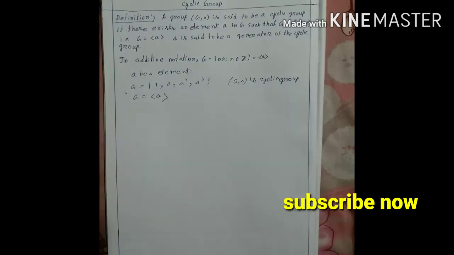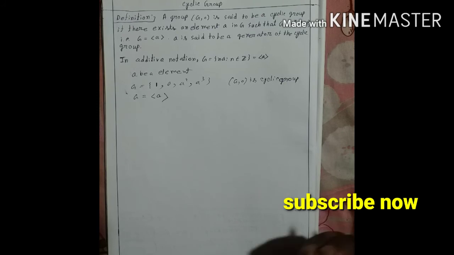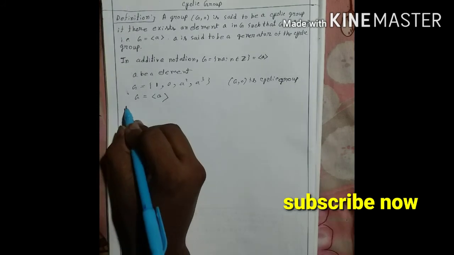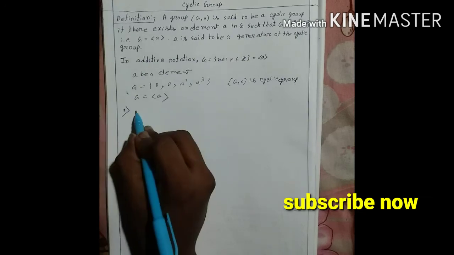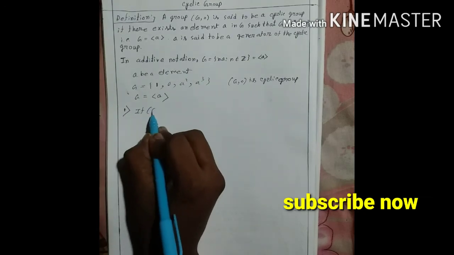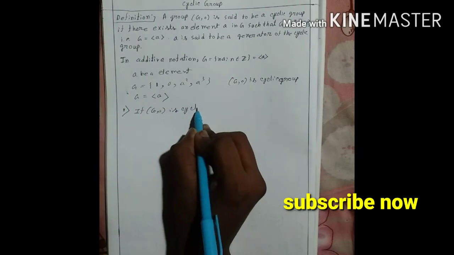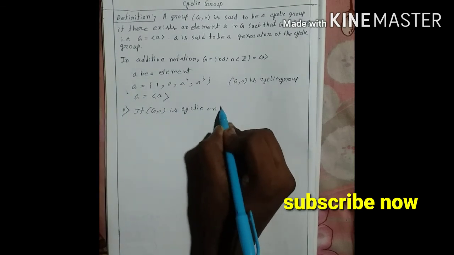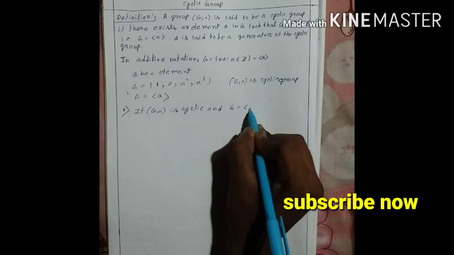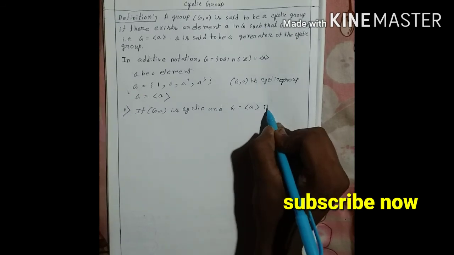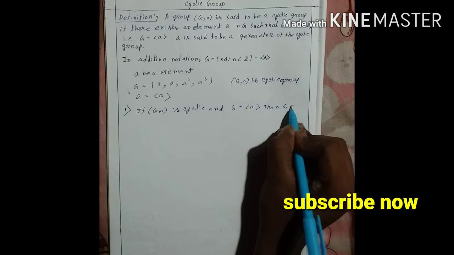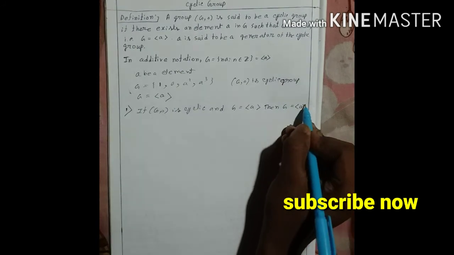Okay friends, now I am going to tell you some important notes that can help you to calculate any math on cyclic group. First note is, if (G, ∘) is cyclic and G is generated by a, then G is also generated by a inverse.